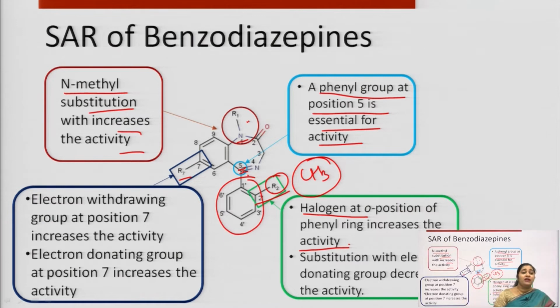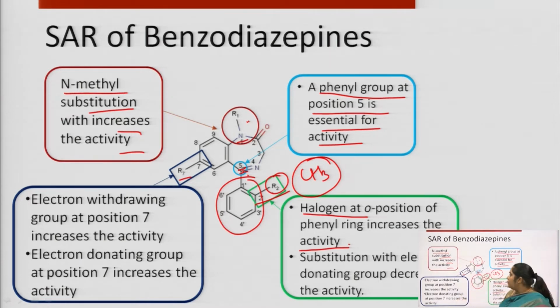So we came to know that this R2 dash position, the substitution on the phenyl ring, must be substituted with a halogen, and most preferably chlorine is the atom that is used as the substitution at this position.